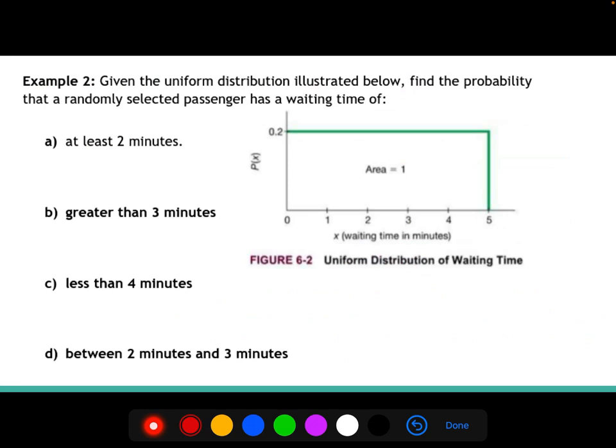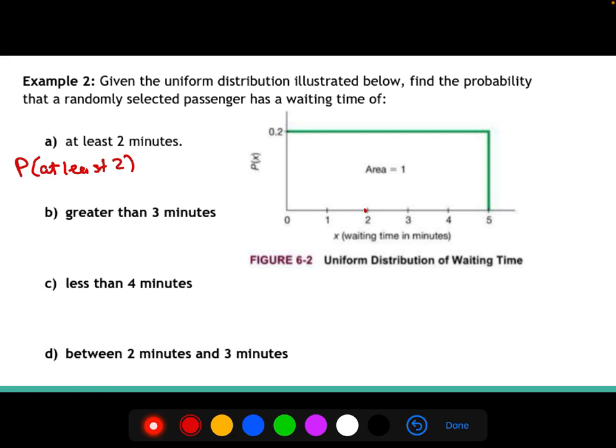All right, here we are. Uniform distribution again. We are going to find the probability that a randomly selected passenger has these waiting times. First, the probability of at least 2 minutes.